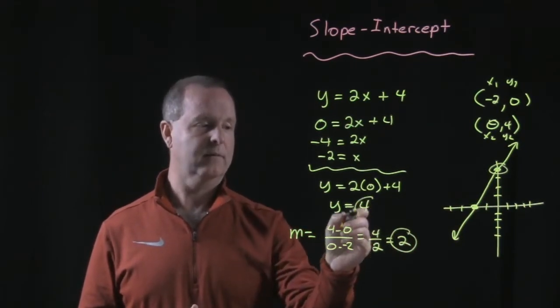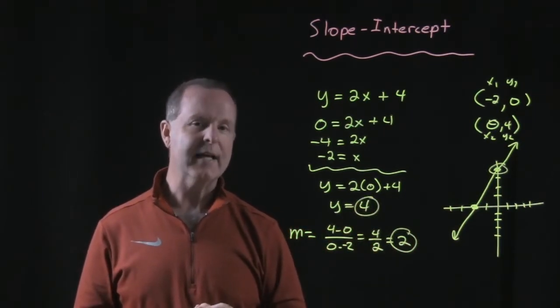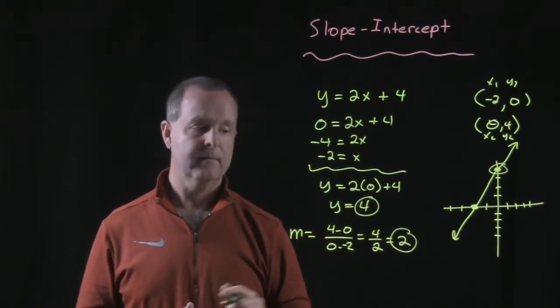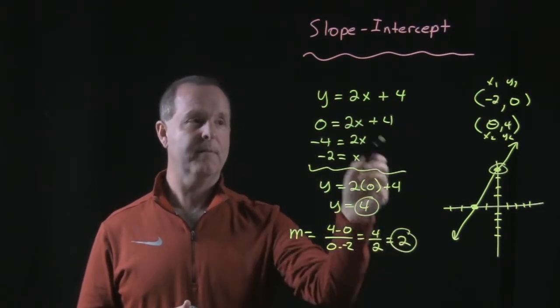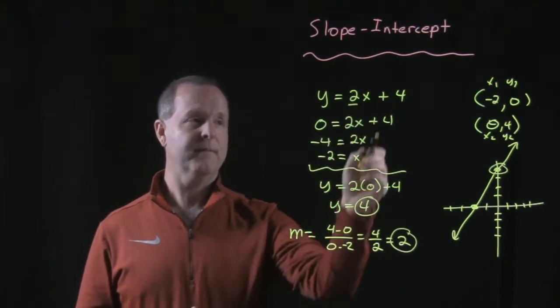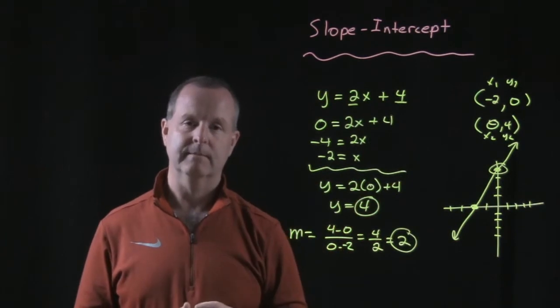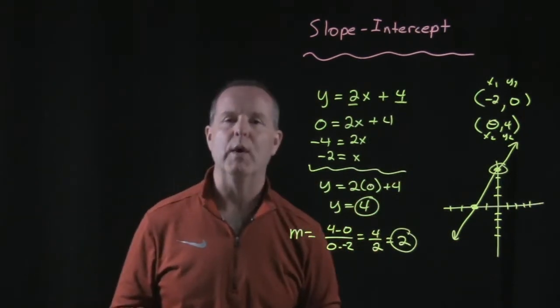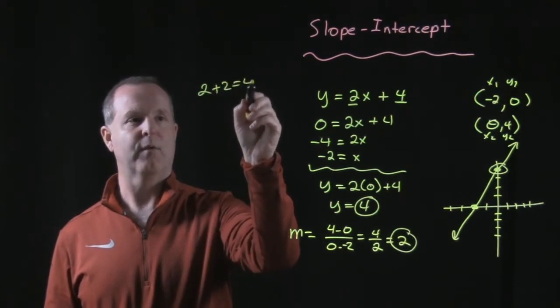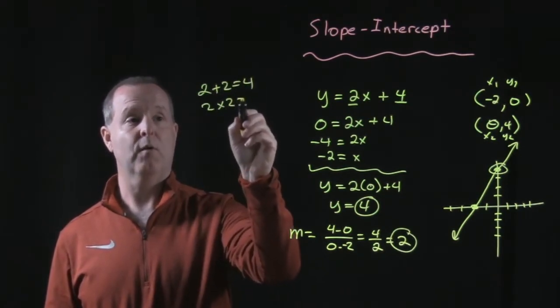or right here. Do you recognize those or see those numbers anywhere else in this equation? The slope, 2, is the same thing as this number right there, and this 4 is the same number right there. Now some people can say, oh, that's just coincidence. You know, the same thing that 2 plus 2 equals 4 and 2 times 2 equals 4.